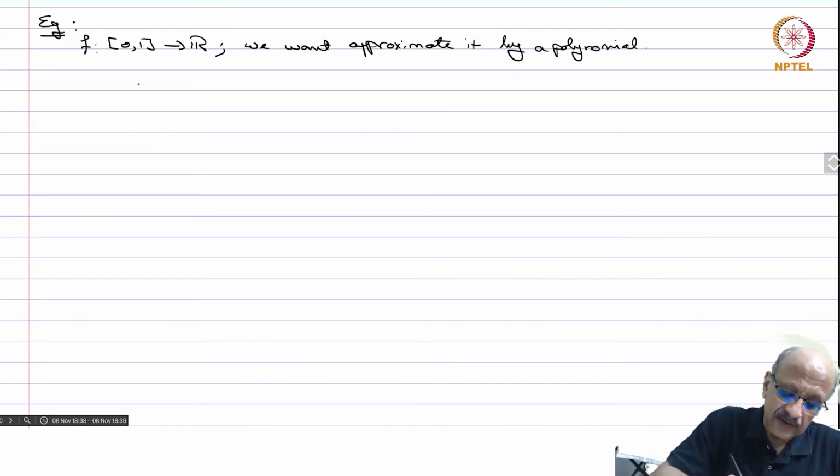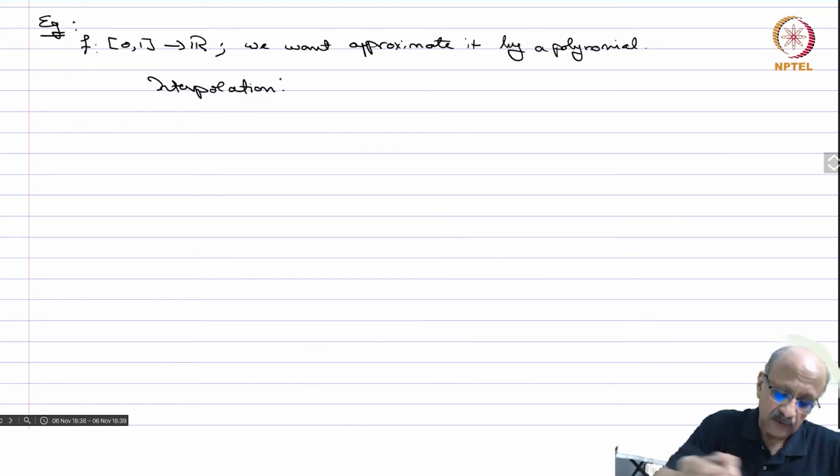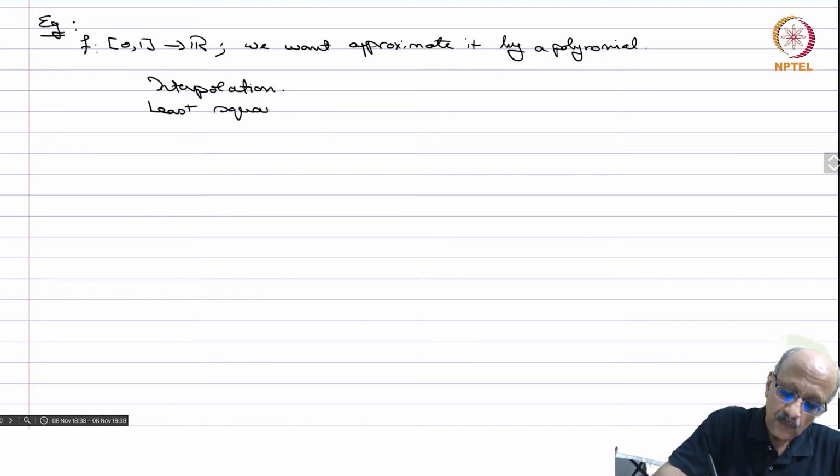There are various ways: Lagrange interpolation is one way. Another method is least squares approximation.